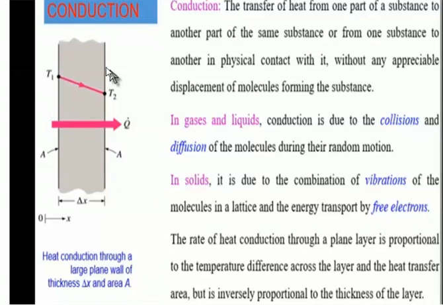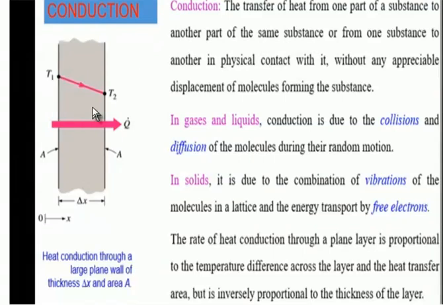If you consider this is one substance, the heat is transferred from this side to this side. If the temperature T1 at this side is greater than T2, then the heat is transferred from this part of the substance to this part.